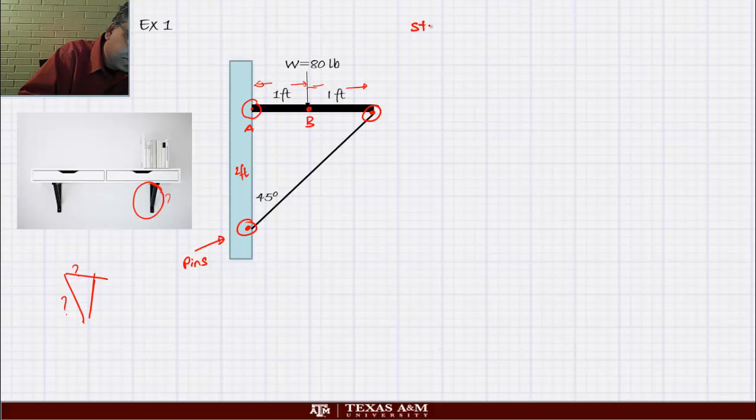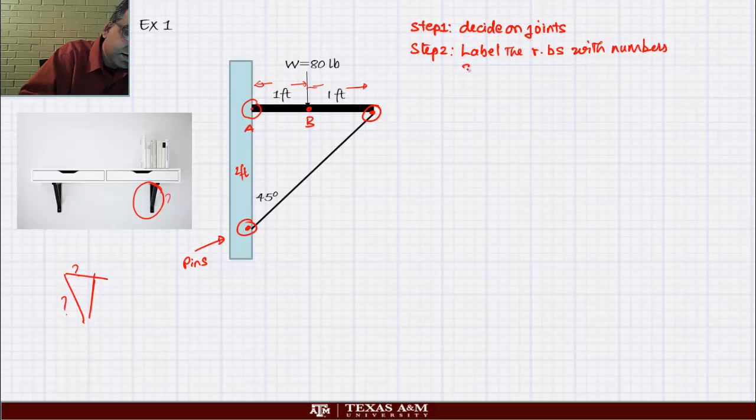Item 2, always. Step 1, decide on joints. Step 2, label the rigid bodies with numbers, starting with the ground as 0.